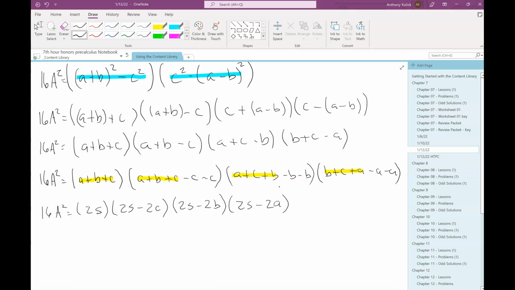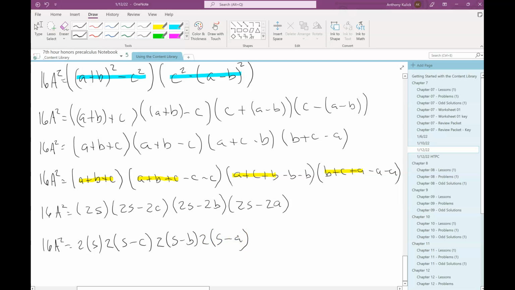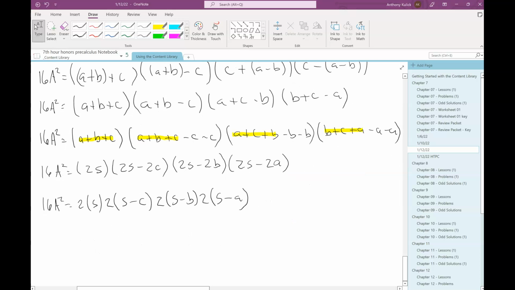Okay. If I look at each one of these sets of parentheses, I notice there's a greatest common factor of 2. So I'm going to pull those factors off. If I look at that right-hand side, everything is being multiplied, right? I can multiply in any order I want.